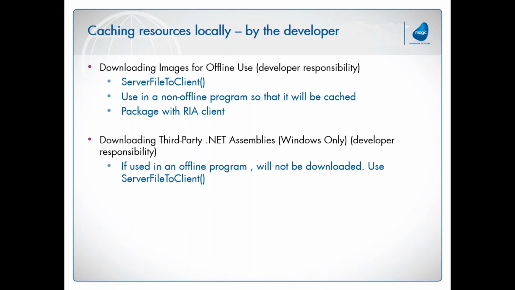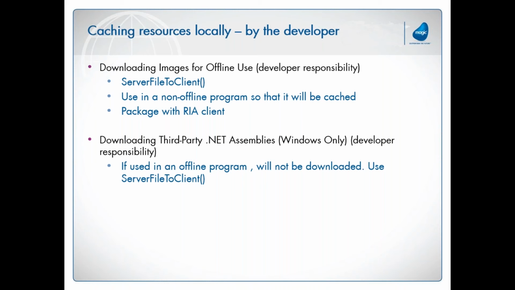Next thing you need to handle is, if you have a desktop Windows application, a RIA application, and you use third-party .NET assemblies which are not installed on the machine. If you're using Windows assemblies, then you're fine. But if you're using third-party vendors like DevExpress and so on, they are usually not installed on your client machine.